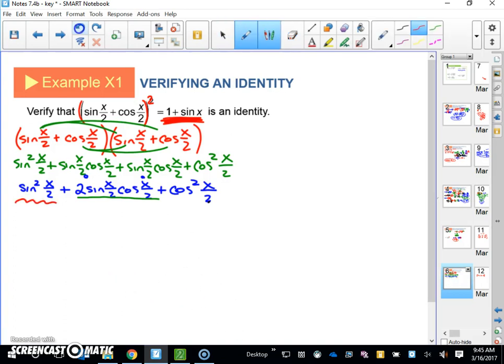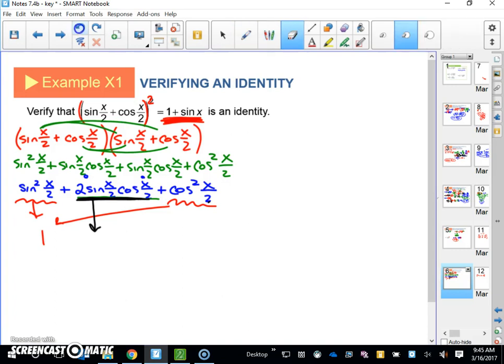If you had noticed, this said sine squared x over 2 plus cosine squared x over 2. We know sine squared plus cosine squared equals 1. And so those two things together would equal 1. And then we still have this double angle identity, the double angle sine identity. We have sine of 2 times x over 2, just like we did before. And those 2's cancel. I'm going to have 1 plus sine x right there.